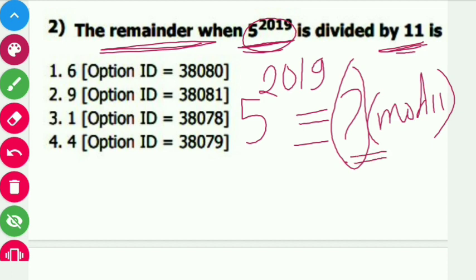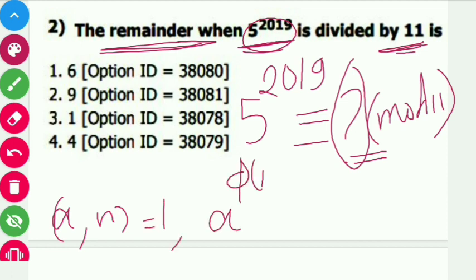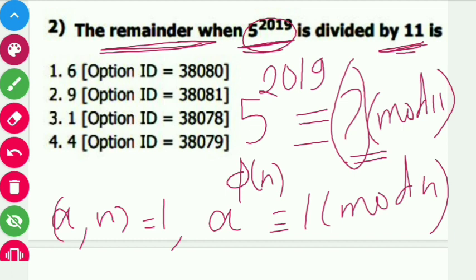There is an important theorem, Euler's theorem, which says that if the GCD of A and N is 1, that means they are co-prime, then A raised to phi of N is congruent to 1 mod N, right? Now take A equal to 5 and N equal to 11. The GCD is clearly 1.